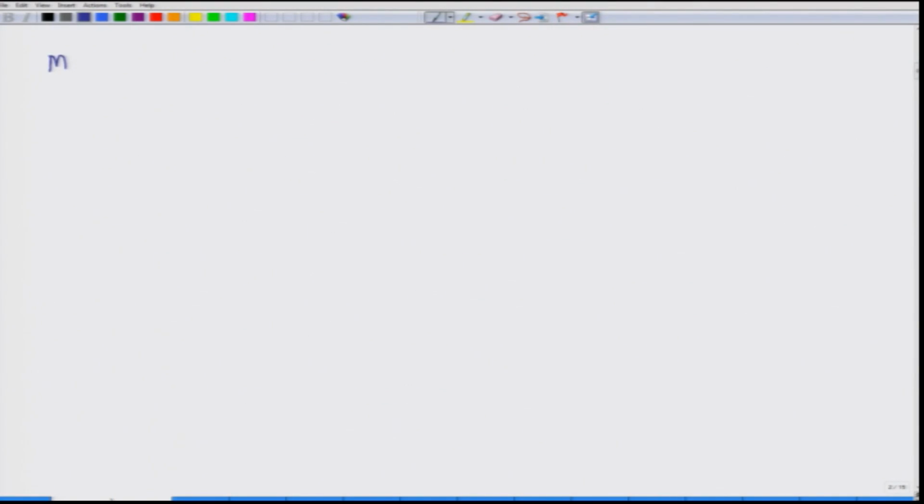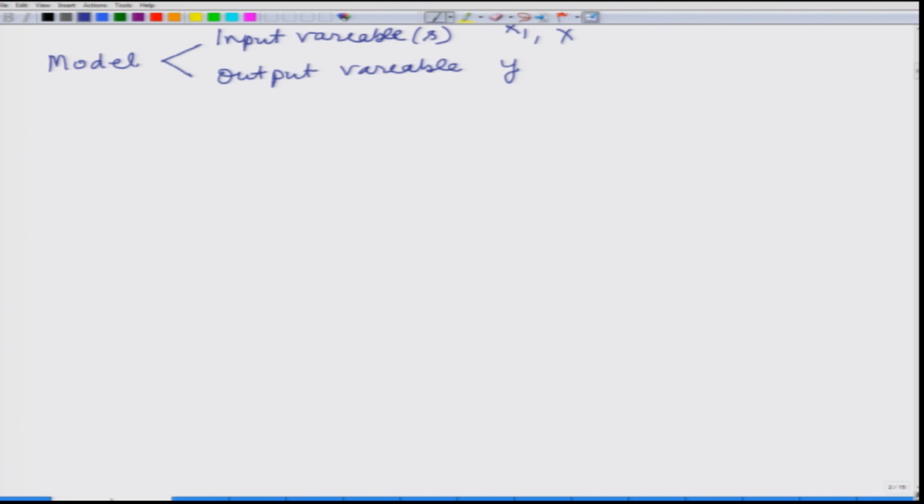Now, once you look at this model, there are two types of component. One is the input variable, or there can be more than one variable, and there is an output variable, right? We will denote the output variable by y, and suppose there are p input variables, we can denote them by x1, x2, up to xp.